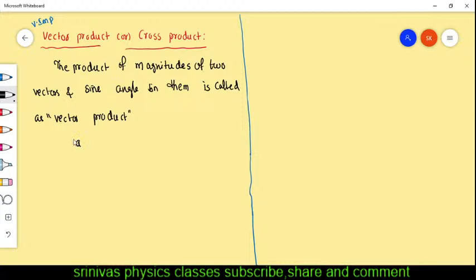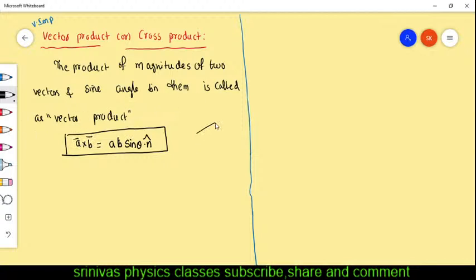That is, a bar cross b bar is written as ab sine theta into n cap. This is the formula for the vector product. What is the definition of the vector product? The product of the magnitudes of two vectors and the sine of the angle between them is called the vector product.